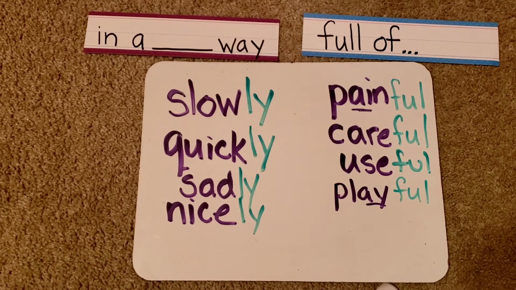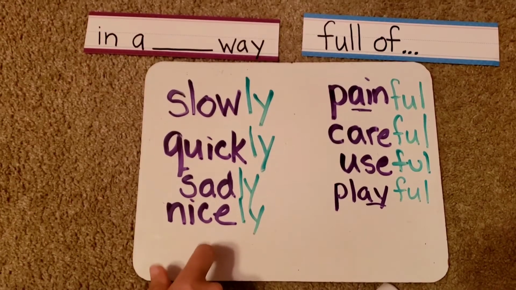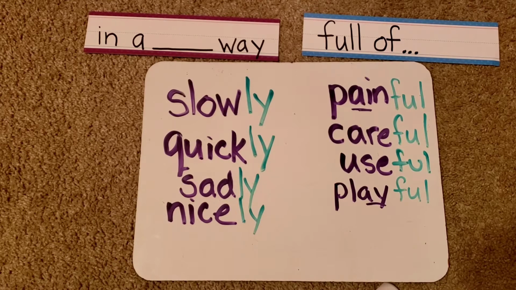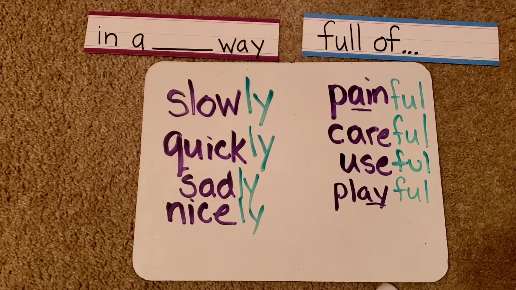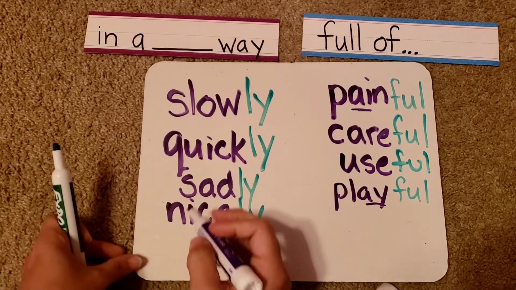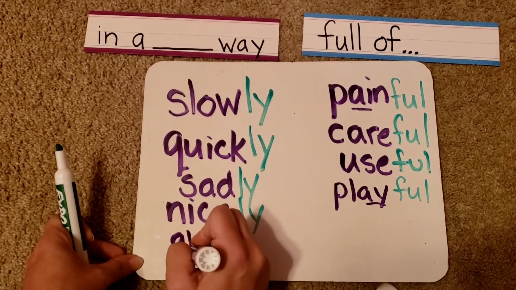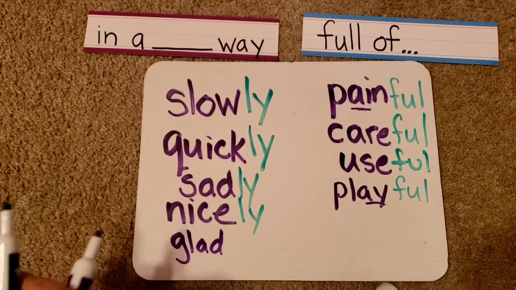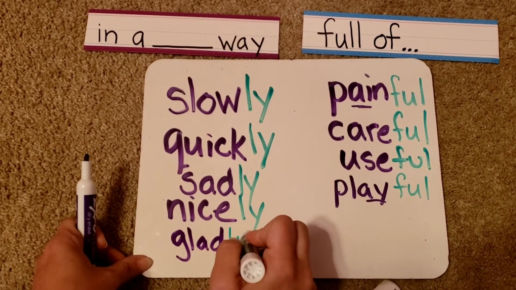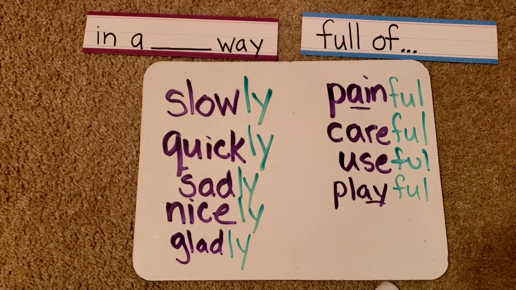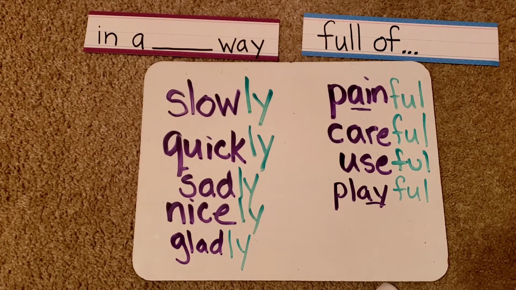Right? Going back over to our LY, in a way that we do something, we could do something in a very glad way, right? So we can say gladly. So there's our glad, and then we're going to add ly. How did they do it? They did it gladly. They gladly accepted the award, right? And now we have another FUL. We're switching right back to the other side.